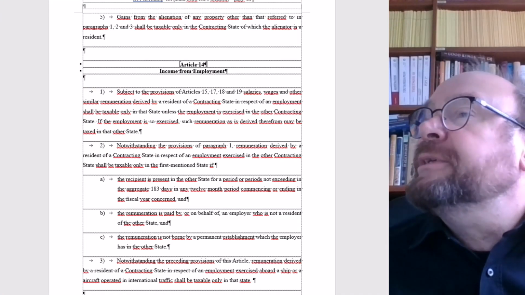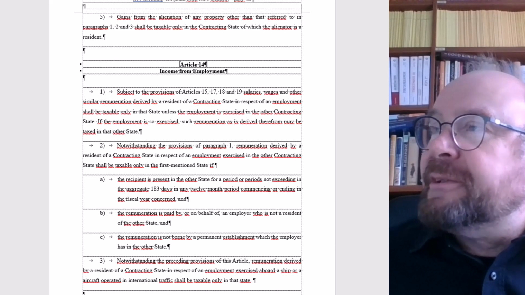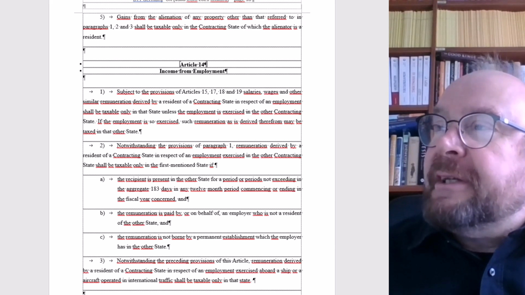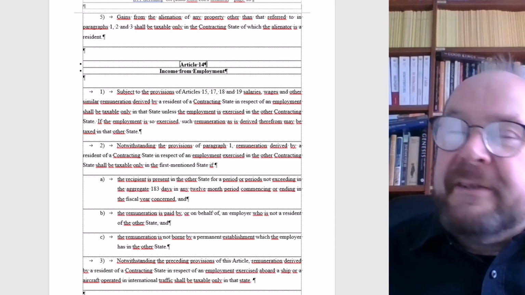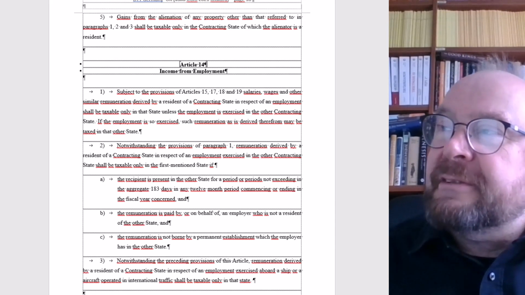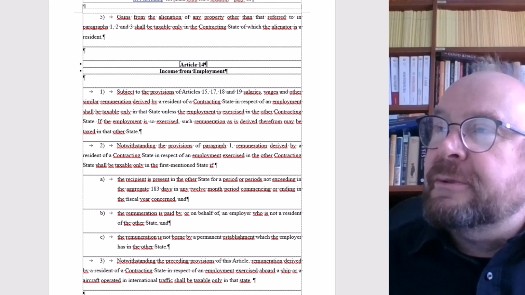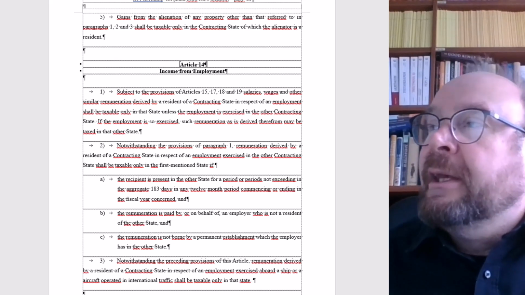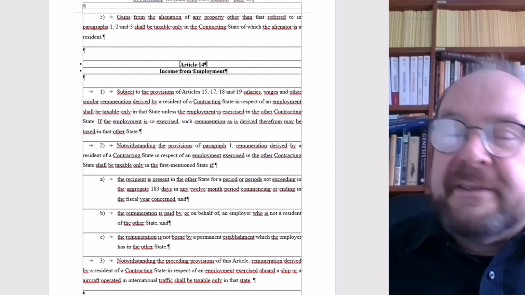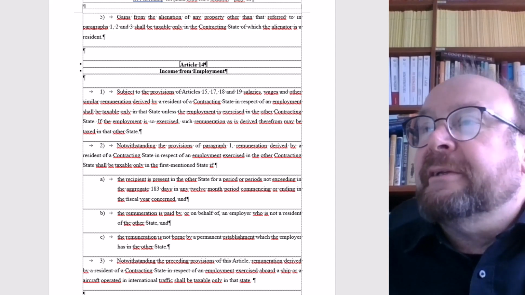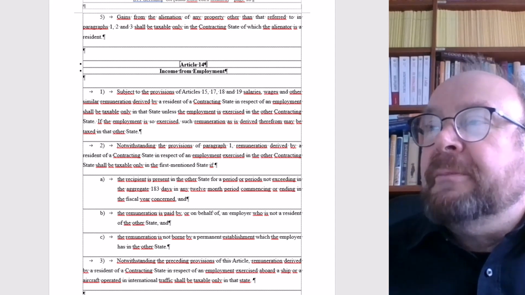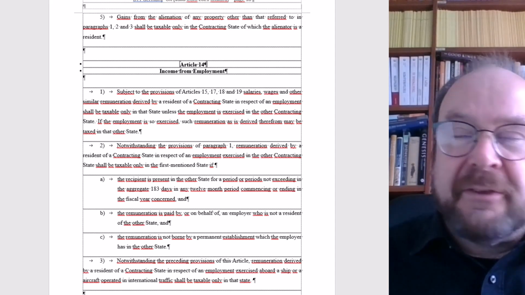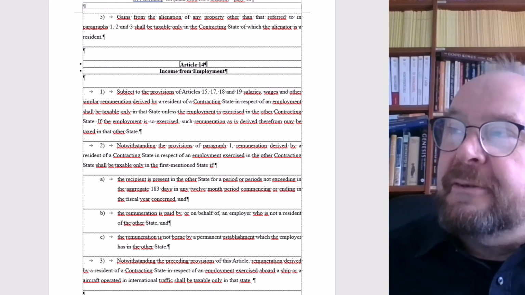So indeed, we see here, it's Article 14, income from employment, subject to the provisions of Article 15, 17, 18, and 19. So if 15, 17, 18, and 19 do not say something else, wages and so on, however you call it, can only be taxed in the state of residence, that will be London, UK, unless the employment is exercised in the other contracting state, so if the job is not exercised in Hanover.